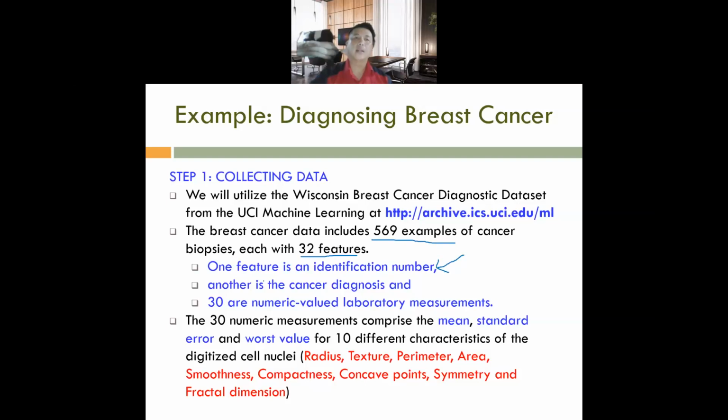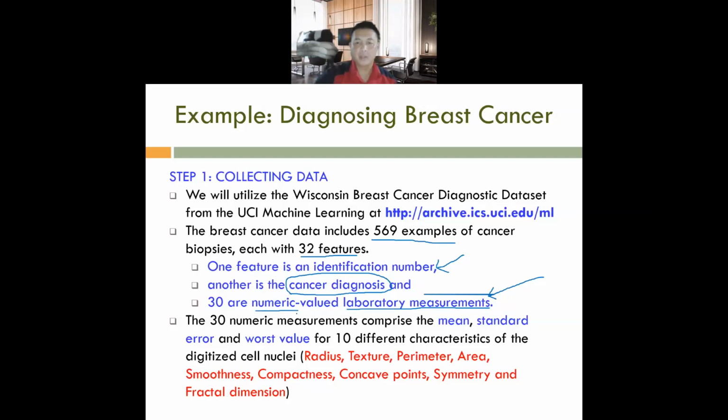Another is the cancer diagnosis, so this is your target label. And we have 30 numerical values of laboratory measurement. This is the value that we want to look into. Since they are all in numerical format, we have to normalize them.